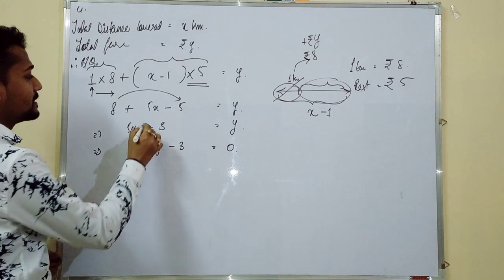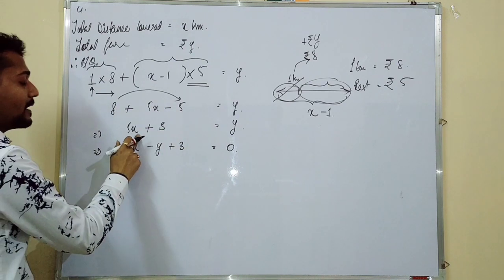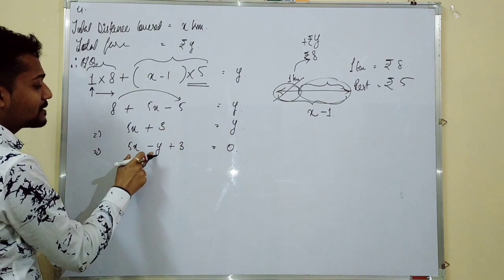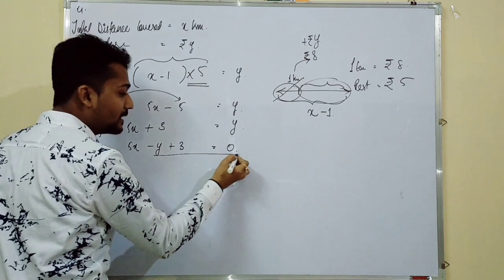Sorry, this will be plus 3, isn't it? So 5x plus 3 is equal to y, or 5x minus y plus 3 is equal to 0.